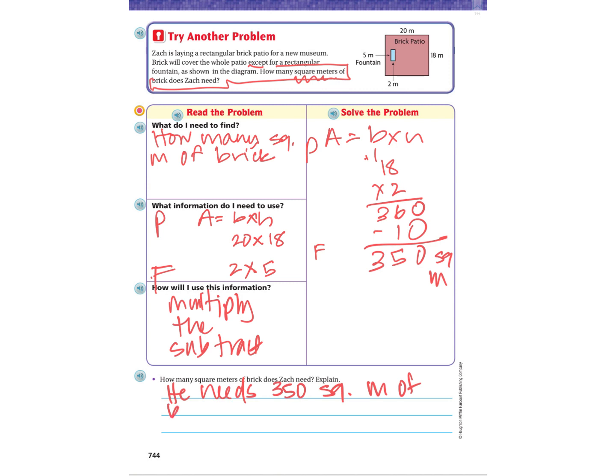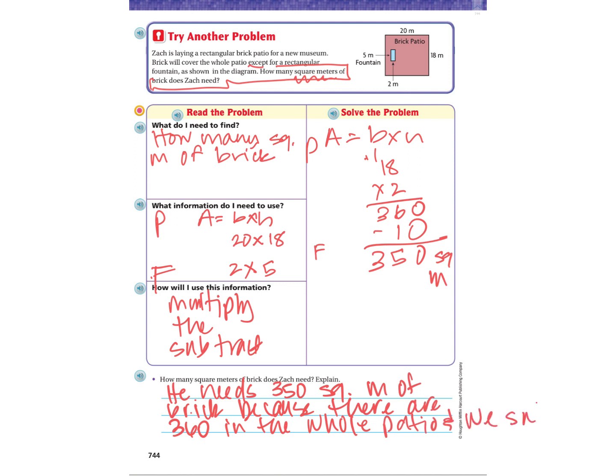And explaining, because there are 360 in the whole patio, and we subtract 10 for the fountain. And I ran out of space, so I'm just going to put F.